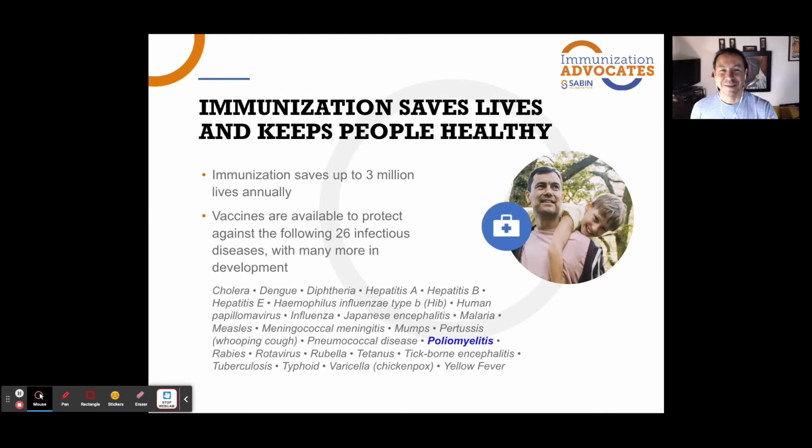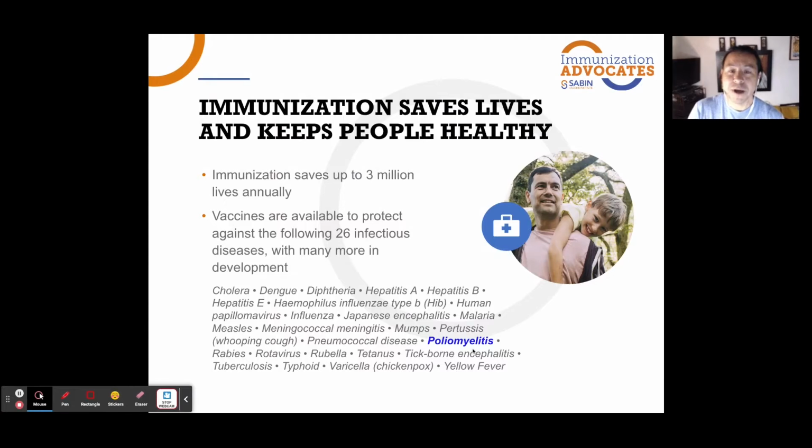Right, Tito. The purpose of the vaccine is to save lives, and in fact, vaccines save up to 3 million. And there are vaccines against 26 different infectious diseases, probably 27 now that we have one against COVID. Now, what is poliomyelitis? Anybody knows?